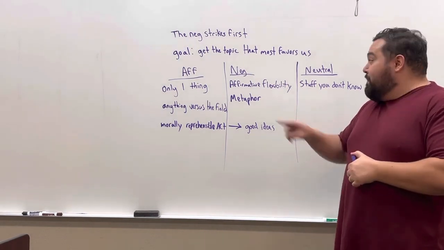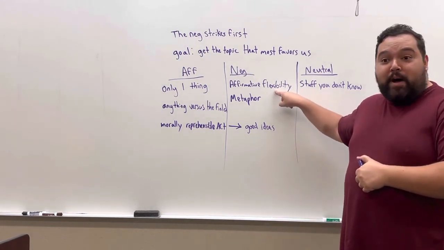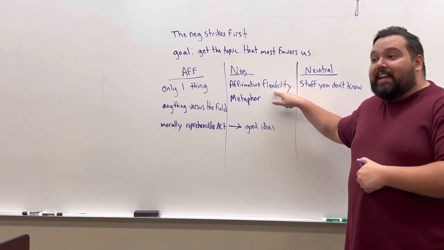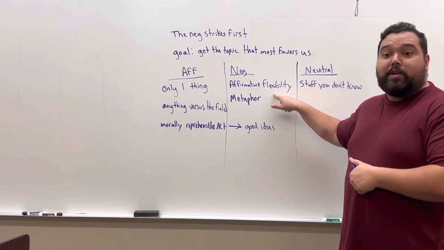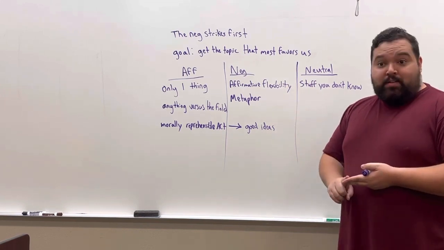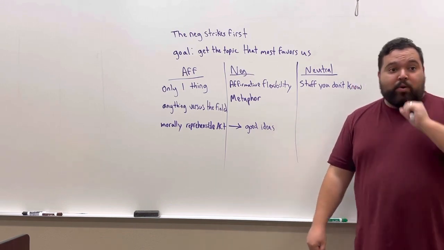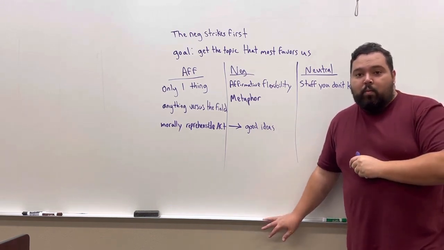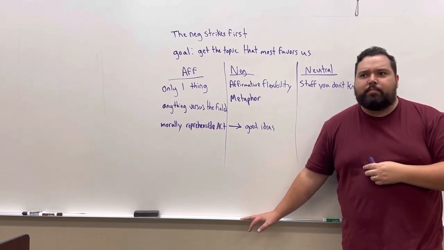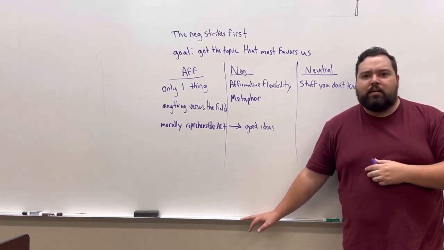Use the app. Because the metaphor is just the worst version of this possible. It lets the AF defend anything they want as long as they can kind of justify metaphorically that that's what the topic was about. They get to pick the actor, they get to pick the action. If you get to be the AF on a metaphor, what do you think you should do? Do you think you should try and come up with a good idea on the spot that's relevant to that topic?